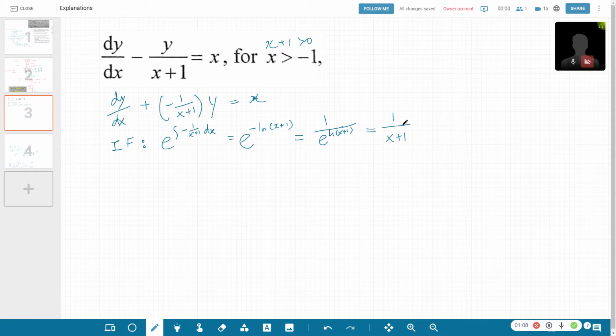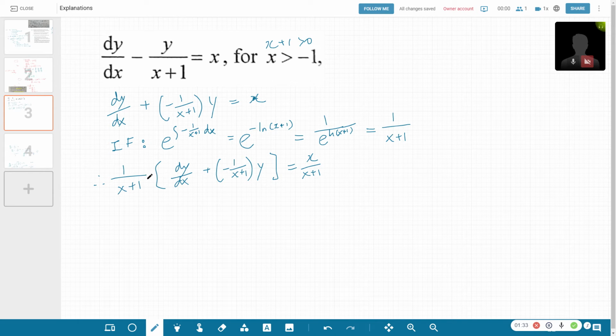So this is the integrating factor, which we'll need to multiply to both sides of the equation. Therefore, 1 over x plus 1, open bracket, dy/dx plus negative 1 over x plus 1 times y, equals x over x plus 1. So the integrating factor is multiplied to both sides.